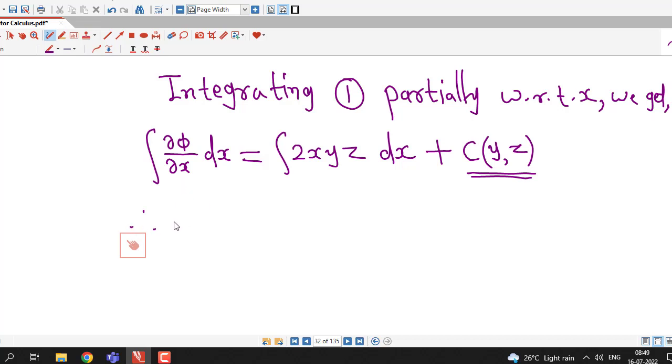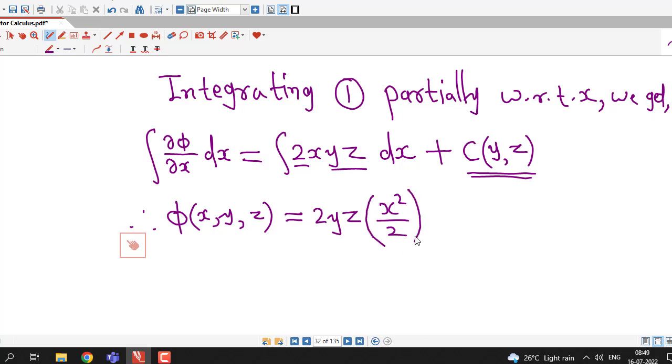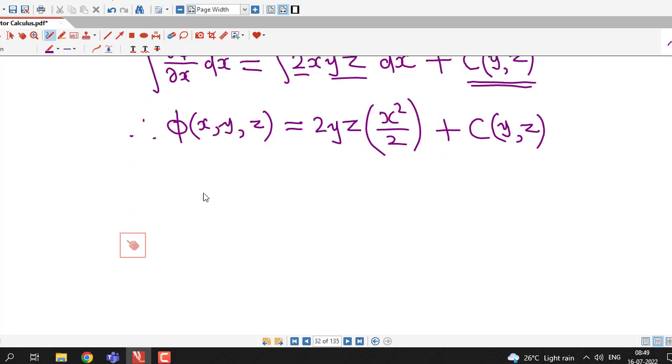Therefore, now the integral of del phi by del x is function phi. This is equal to, here 2yz is independent of x and integration is with respect to x partially. Therefore 2yz is constant and the integral of x is x² by 2, plus some arbitrary function of y and z.